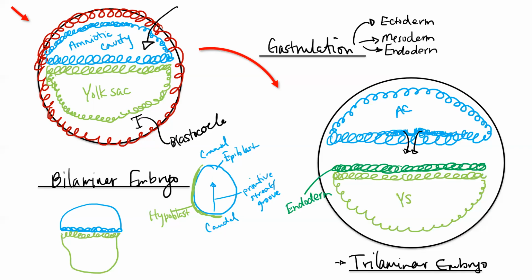So you can see how the endoderm and the yolk sac will still be continuous because those layers are still there. You just want to think about the hypoblast just helps create the part of the yolk sac. And then as those epiblast cells continue to migrate internally, they're also going to give rise to more cells in this middle layer. And those cells in the middle layer end up becoming the mesoderm.